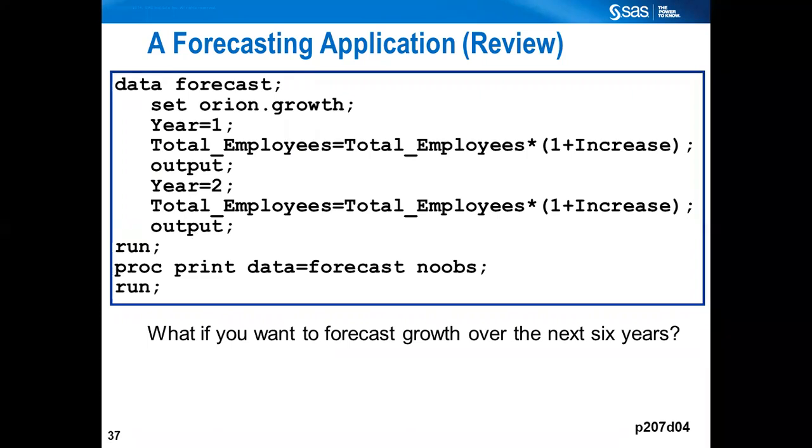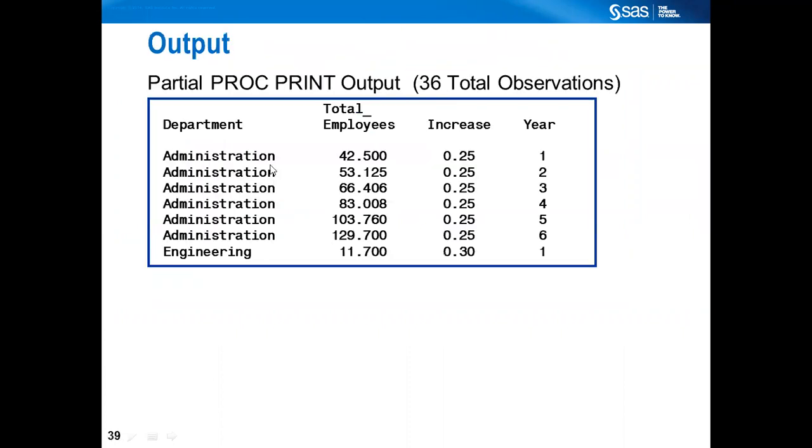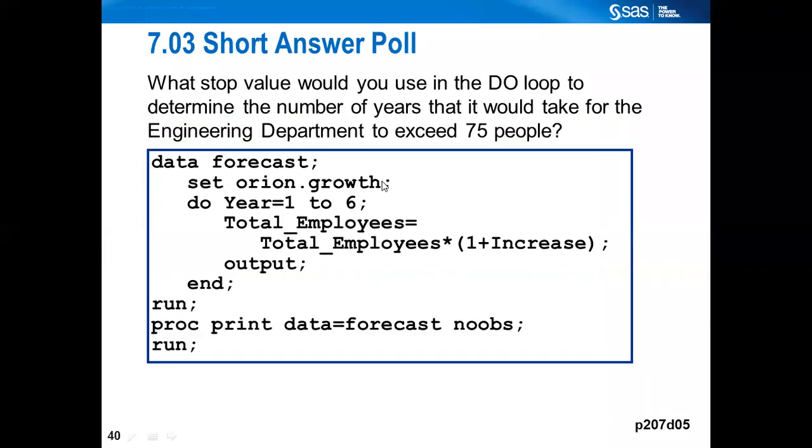But what if you wanted to do the same coding for the next 6 years? Are you going to write the same statement 6 times? Only your year values keep changing. So it's not feasible, right? In this case we get introduced to loops. Write do year equal to 1 to 6, total employees equals total employees times, in parentheses, 1 plus increase, output, end. So for every department for the next 6 years you will get its employees, with this rate of increase of how many employees get added. This was a simple code.